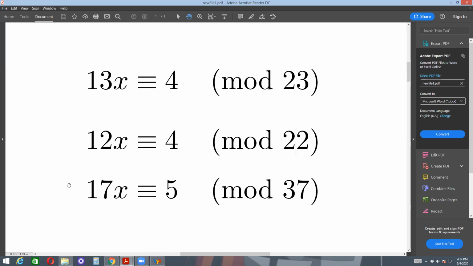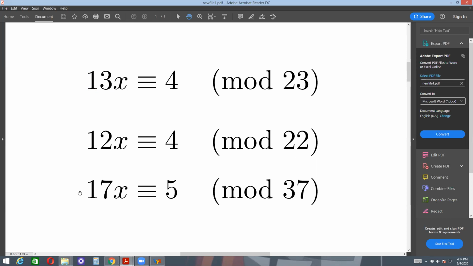X congruent to 9 mod 37. How did you get that one? We multiplied both sides by 2, and you get minus 3x is congruent to 10. Then we multiply both sides by, I believe, 13.